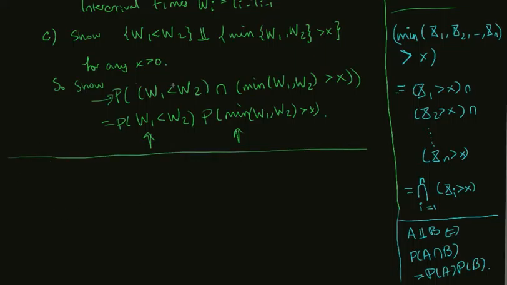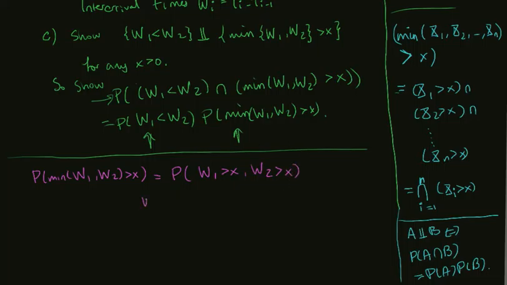The first probability that I think we can start working on is the probability that the minimum of W1 and W2 is greater than x, because that one is actually pretty easy. So this event is the same event as W1 greater than x and W2 also greater than x.